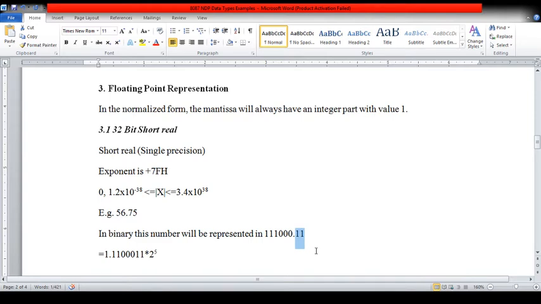As per the requirements of IEEE, the number representation should always have only one as the integral part. We are having some extra bits also as part of this integral part, so we need to convert into the required format. That's why the floating point needs to be moved to the left of this number by 5 digits.